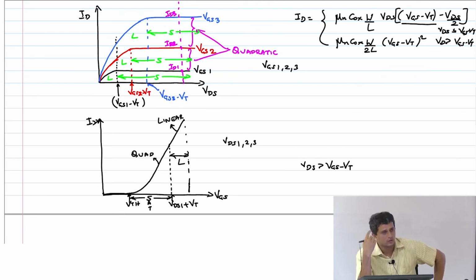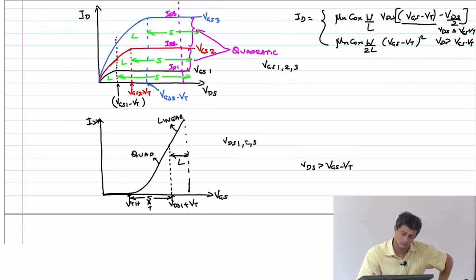So now consider my VDS2. What should happen? Let me just color code it nicely. 2, 3. So first, until VTH, what will happen? Same thing happens, correct? So therefore the current will be 0 all through till here.